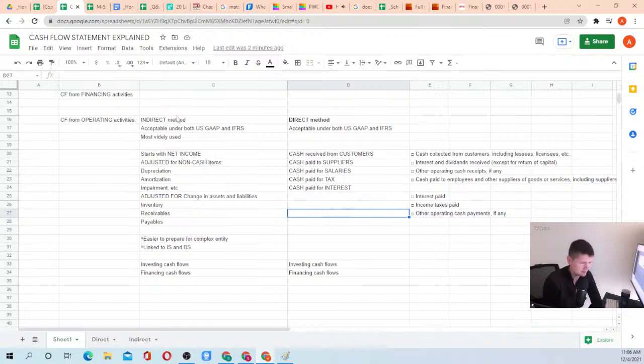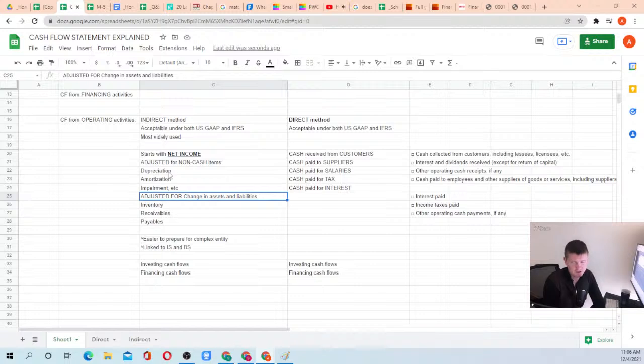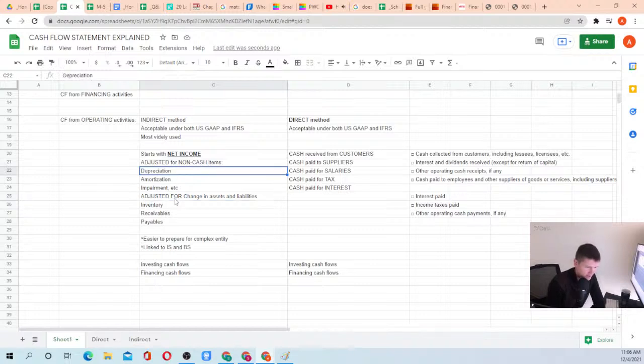Under the indirect method, you start with net income, and then you adjust that net income for non-cash items like depreciation. There are plenty of possible adjustments, and then you adjust it for the changes in assets and liabilities.